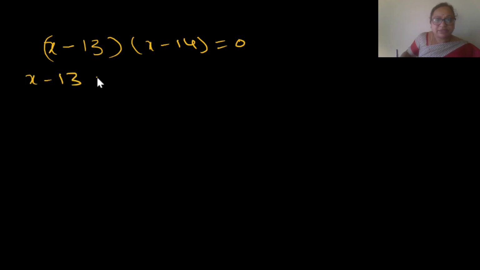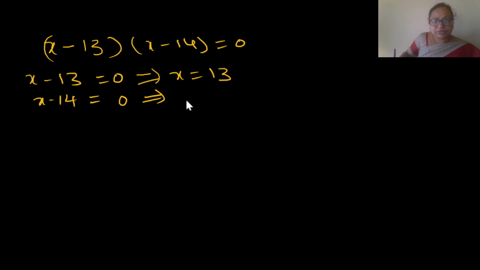So x minus 13 into x minus 14 is equal to 0. x minus 13 is equal to 0 means x is 13. x minus 14 is equal to 0 means x is 14.